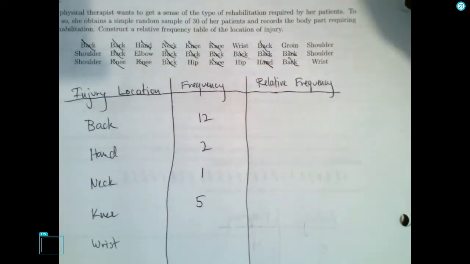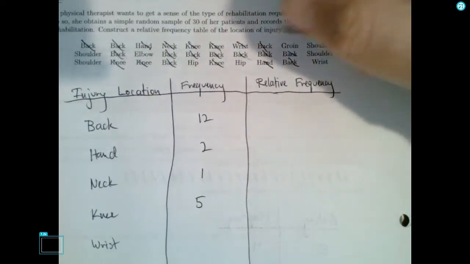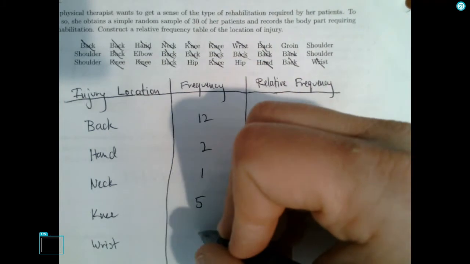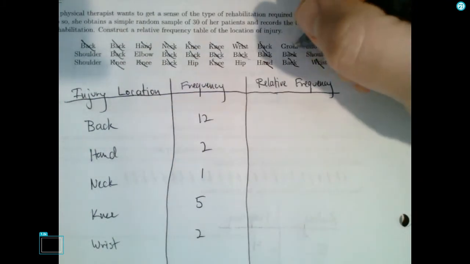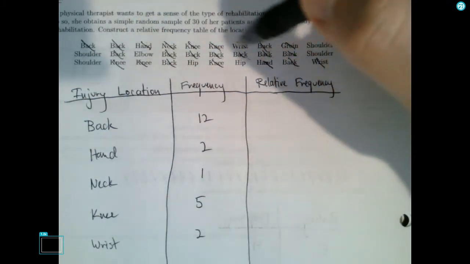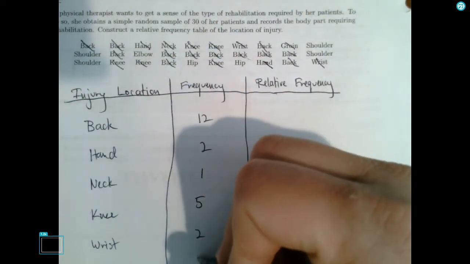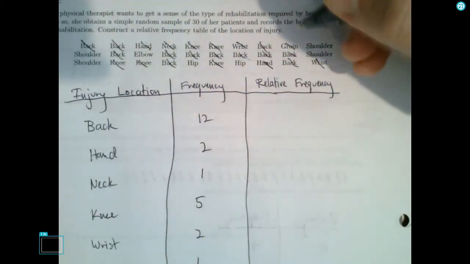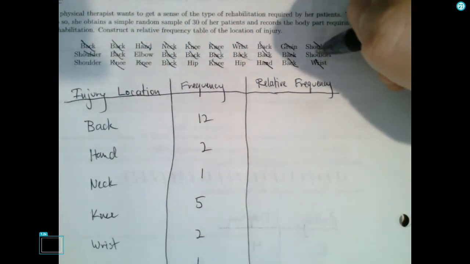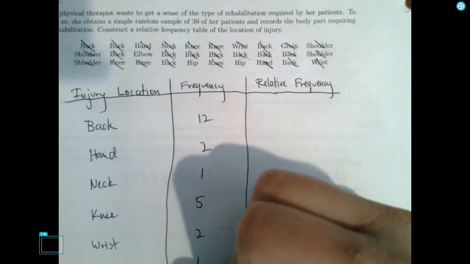Okay, wrist injuries. We've got 1, 2. Groin injuries. It looks like just 1 maybe. Shoulder injuries. It looks like we've got 1, 2, 3, 4. 4 shoulder injuries.